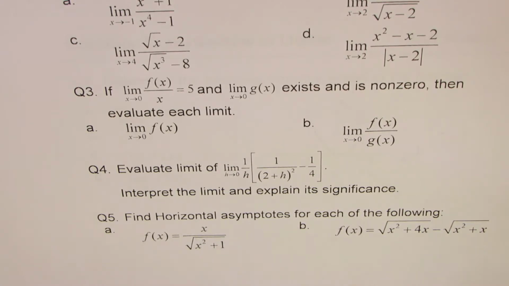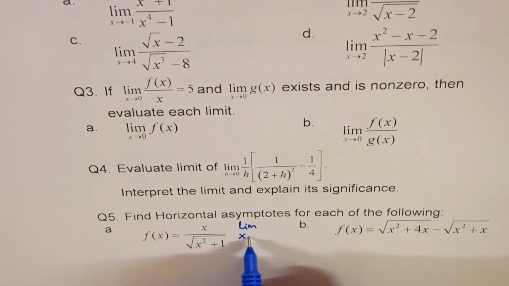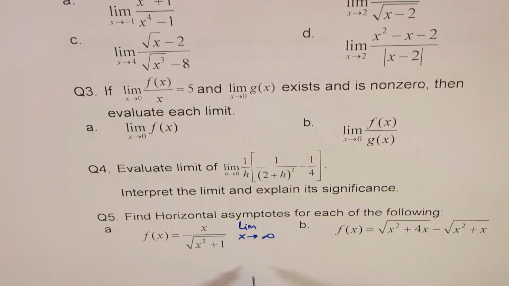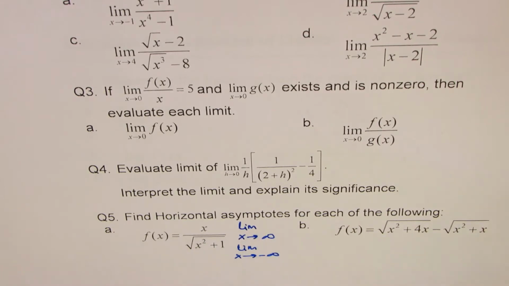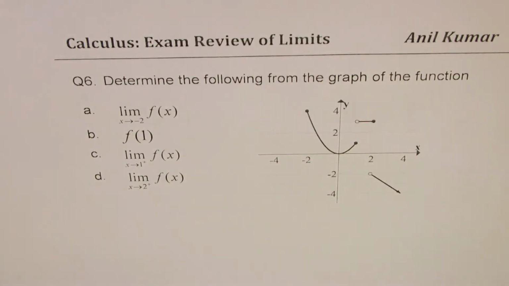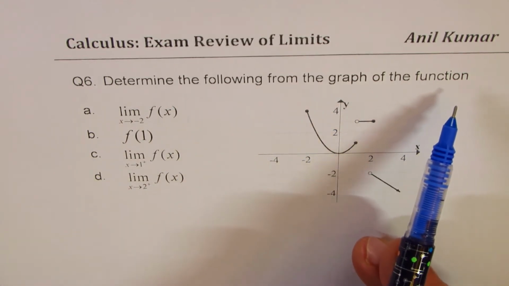So for question number 5, let's be very clear. You have to find the limit when x approaches positive infinity. Also, you have to find the limit when x approaches negative infinity. Both could be different, right? So keep that in mind. Then we'll move forward to question number 6, which is to determine the following from the graph of the function.